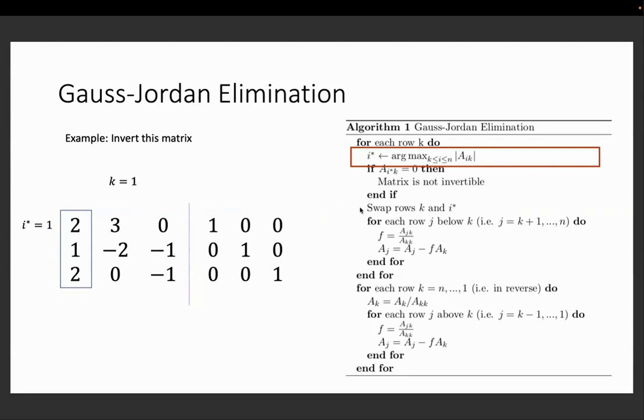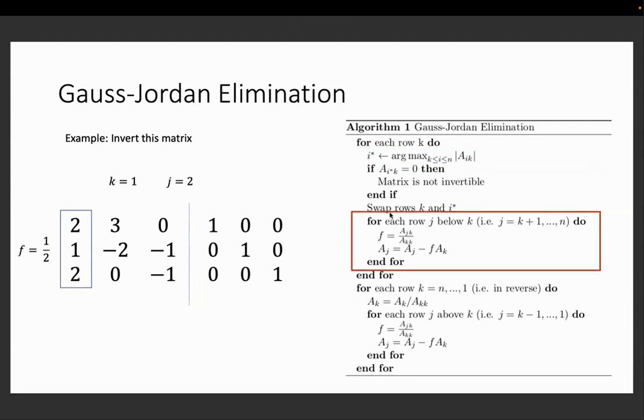And then we have another for loop inside the for loop that we already had. For each row j from k plus 1 up to n, which means that we need to compute something for the rows below k.